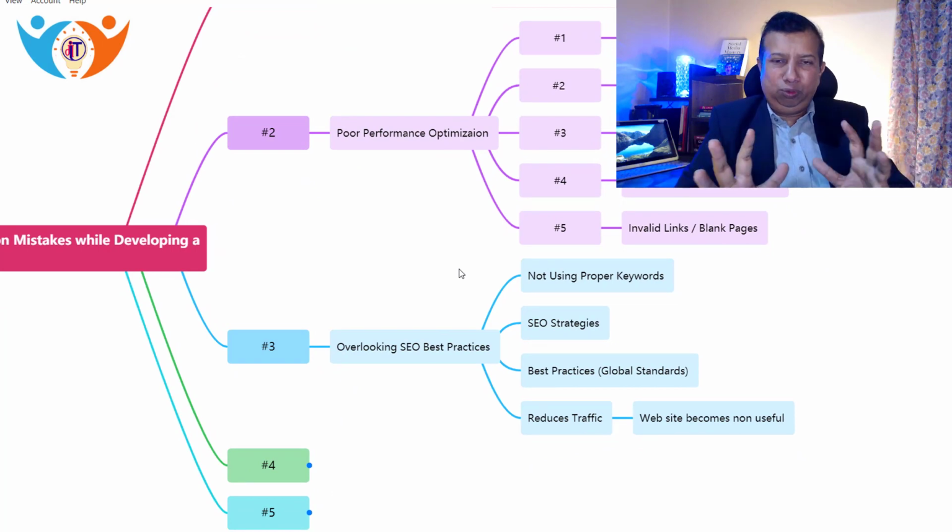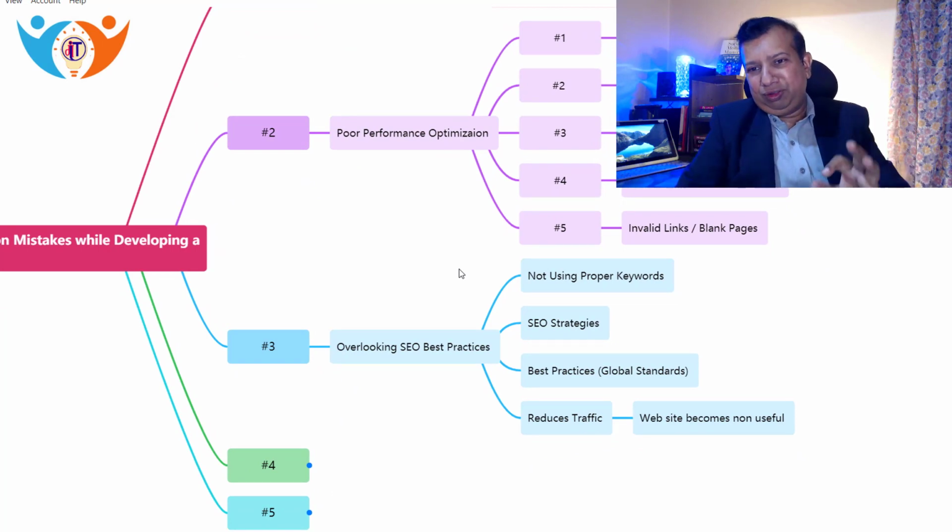On every page you must use proper keywords, and a proper description is important. You have to prepare some SEO strategies and implement them. If you don't know those strategies, you can learn them from experts and then use them. You also have to take care of best practices recommended by worldwide organizations, and whatever standards you are maintaining in your website, they should be globally acceptable.